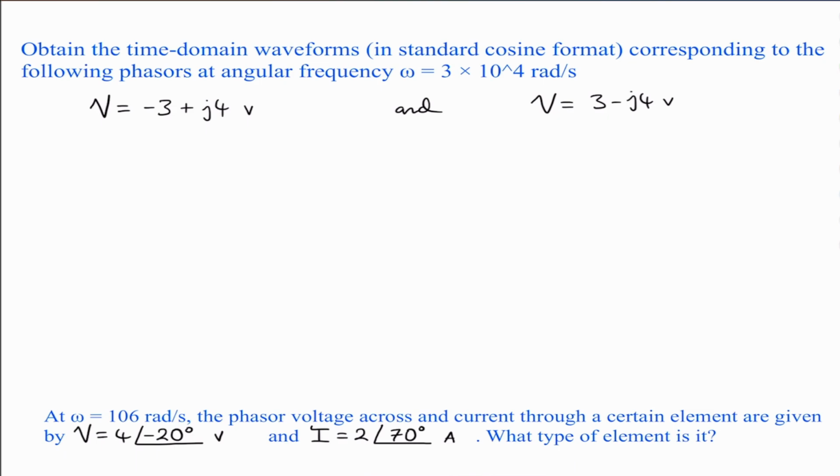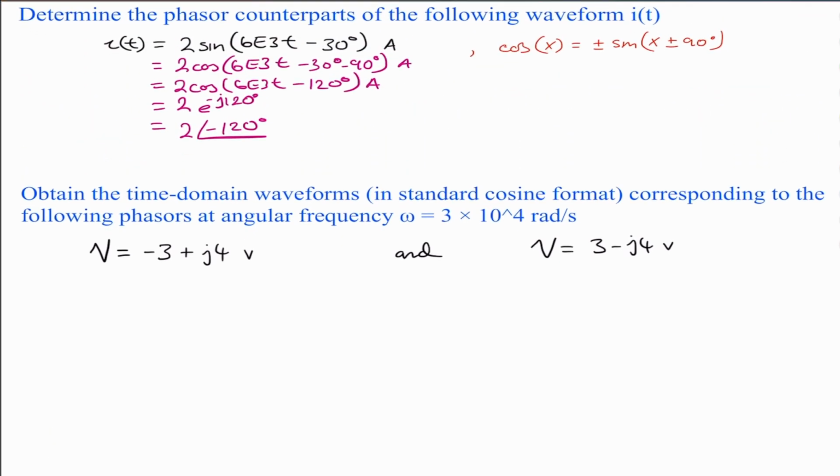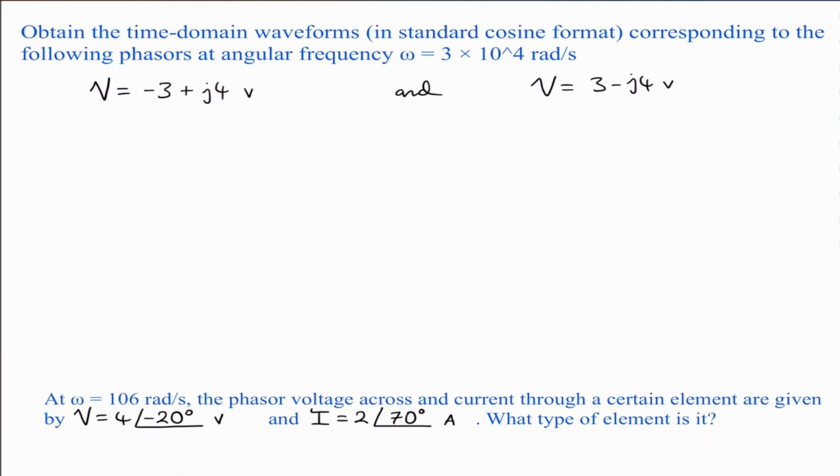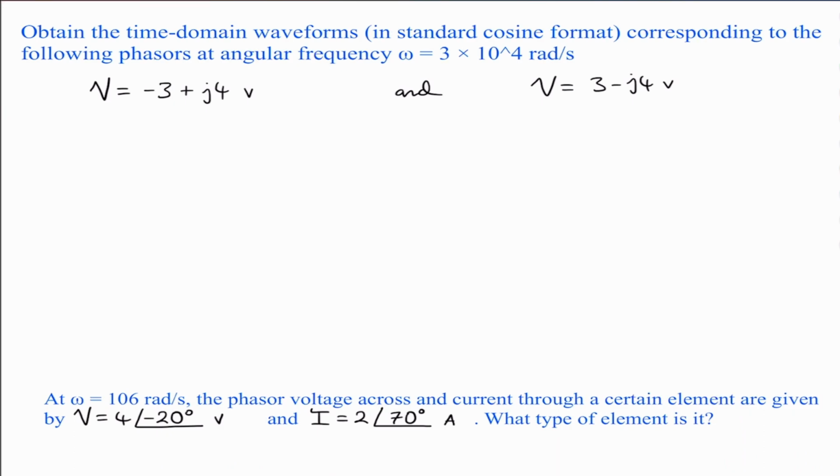So the first thing we want to do is that we always try to get the amplitude of our cosine, or the real part of the complex exponential, to be positive. As we see, our real part here is negative. Thus, let's factor out a negative 1. So factoring out a negative 1, we then end up with the following expression.